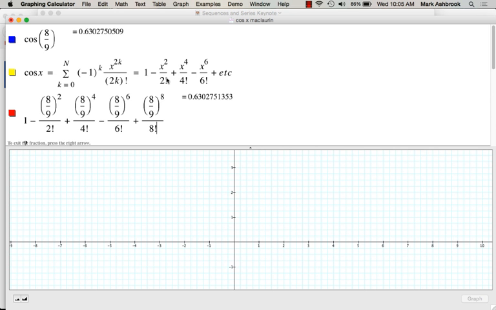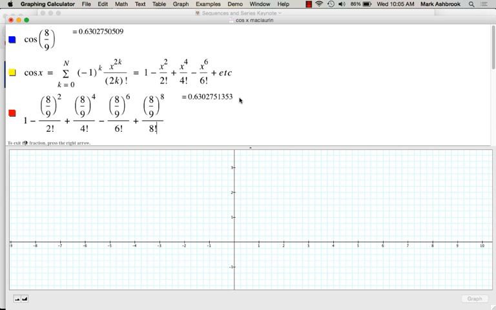The software is going to keep adding terms until it determines that many decimal places is correct, and then it stops and gives you that answer: this is what cosine of 8/9 is. But we know that's only correct to 8 or 10 decimal places. Your computers and calculators are using these kinds of processes to generate approximations for infinite decimal numbers. Does that make sense?